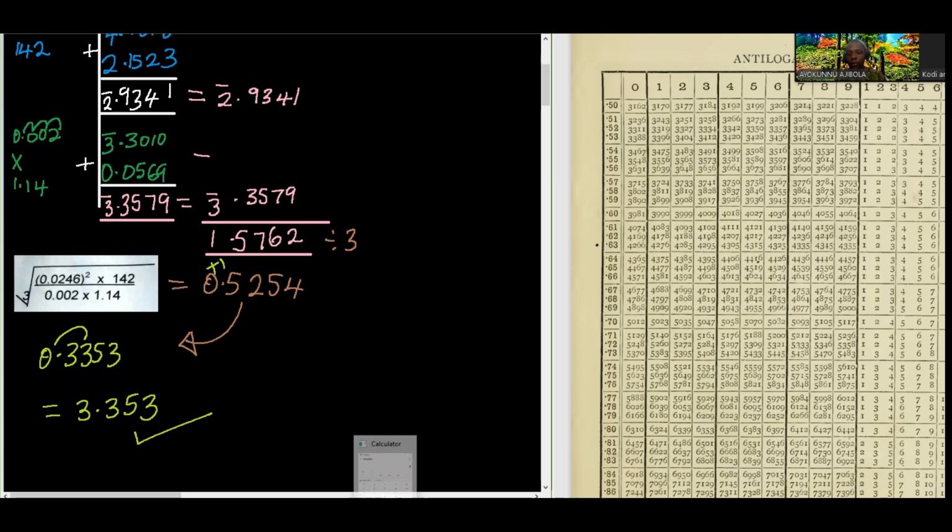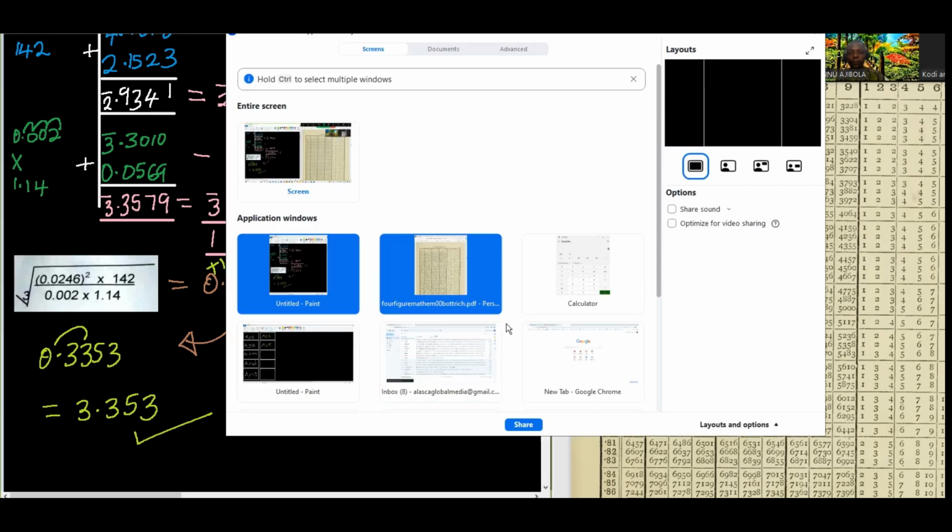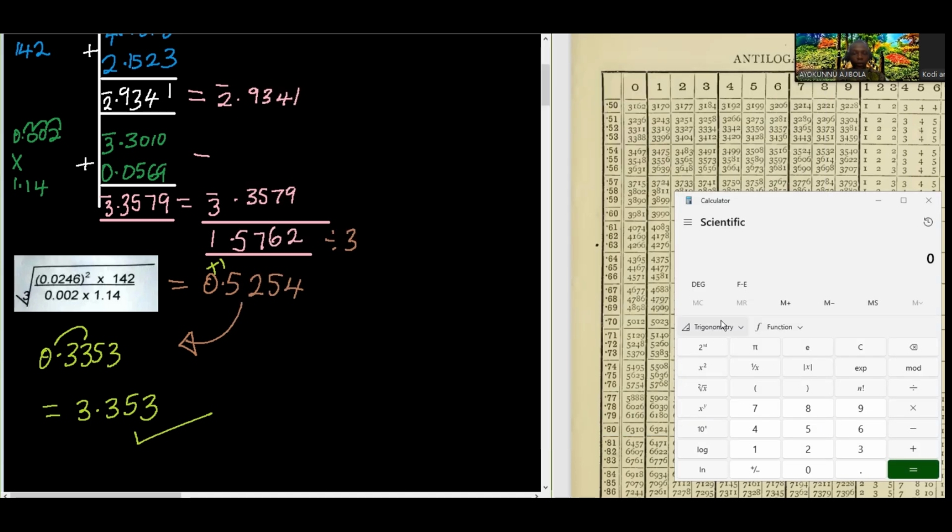So what we need to do now is to try to share a calculator and see whether the calculator value is going to be close to what we arrived at. So on the calculator, we have 0.0246.